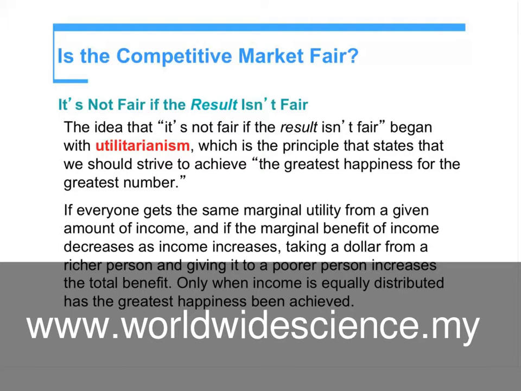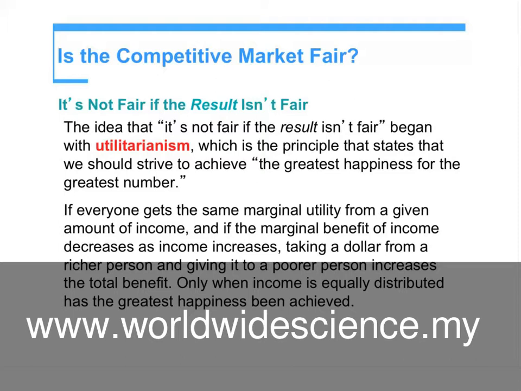Is the competitive market fair? The figure shows how the distribution increases efficiency. Tom is poor and has a high marginal benefit of income. Jerry is rich and has a low marginal benefit of income. Taking $1 from Jerry and giving it to Tom until they have equal incomes increases total benefits, as you can see.